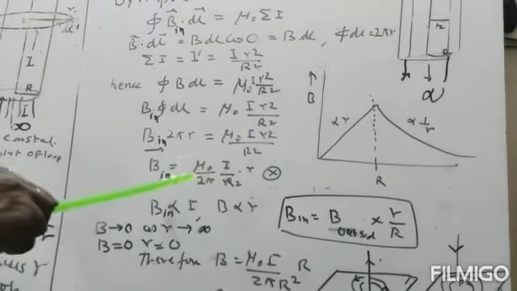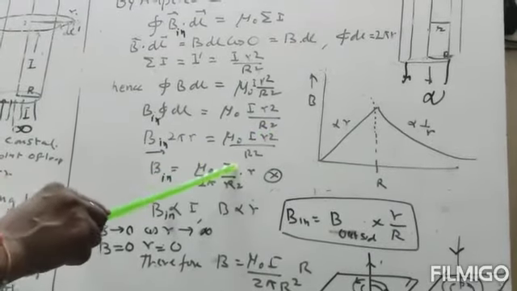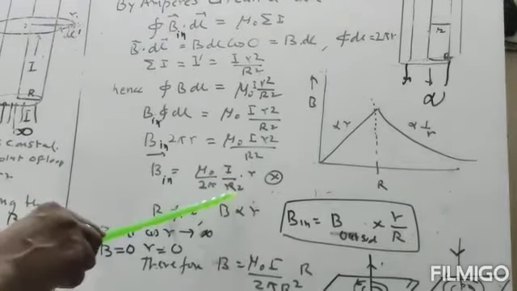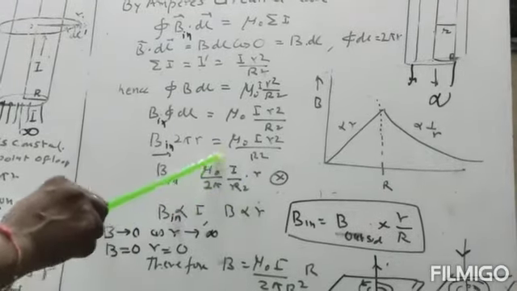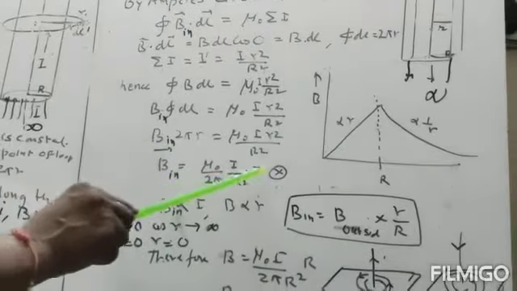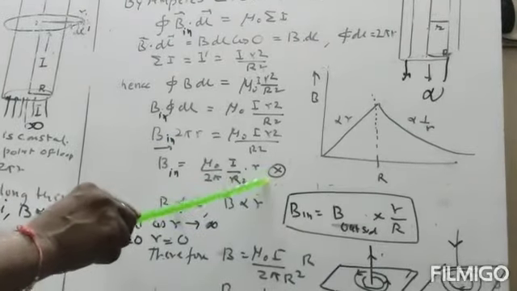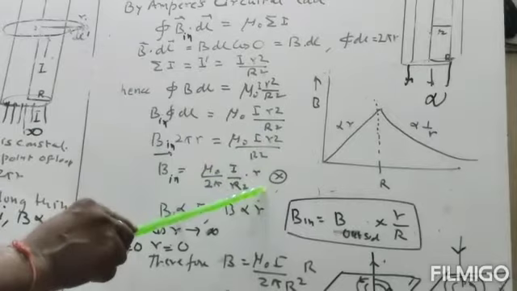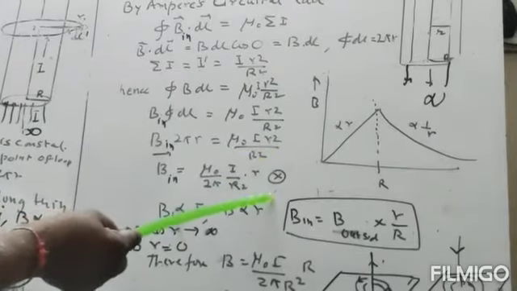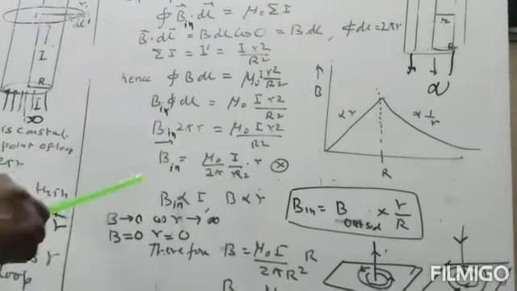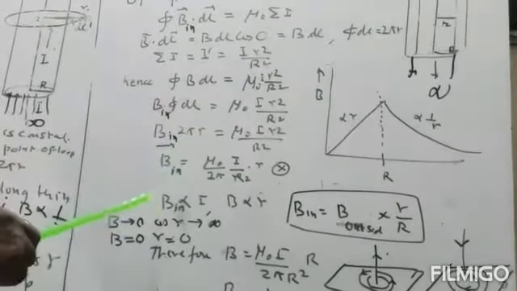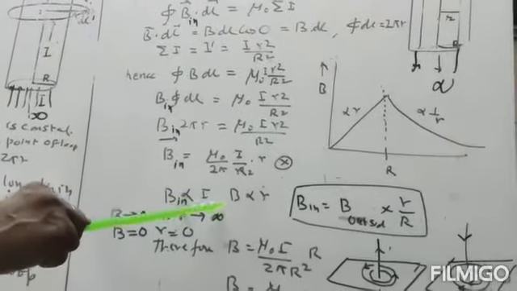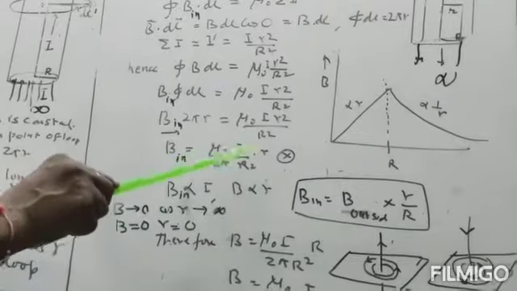So here mu 0 is constant, I is constant, 2 pi is constant, R squared is constant. So the B inside is proportional to r. For the earlier case, outside the cylinder, it was inversely proportional to r. So the magnetic field inside the cylinder will be proportional to I and proportional to small r.